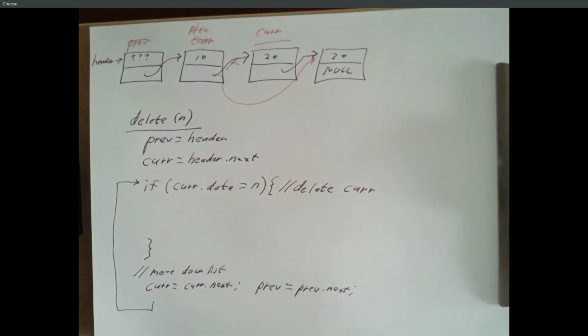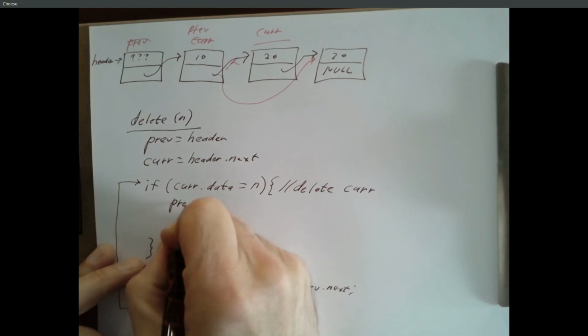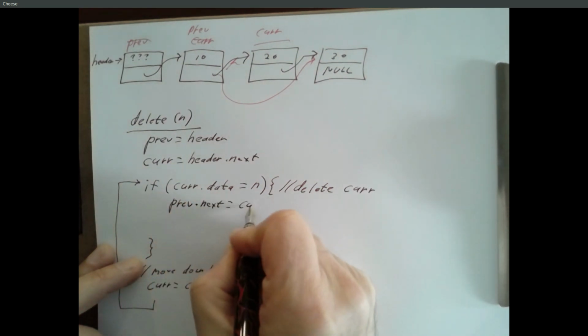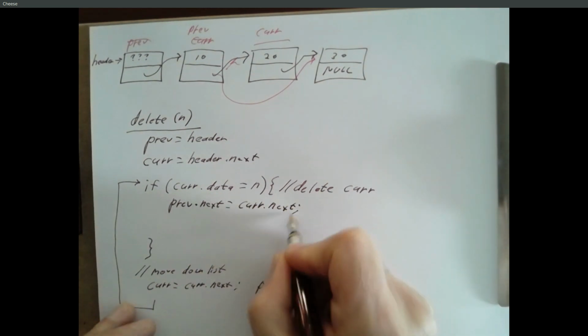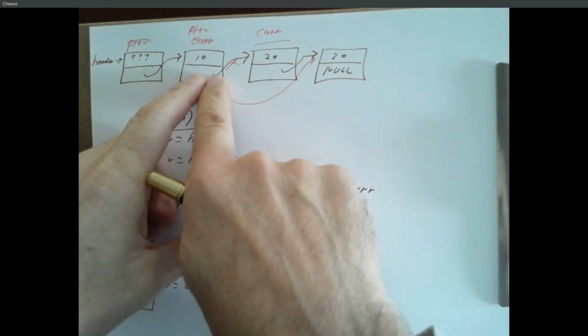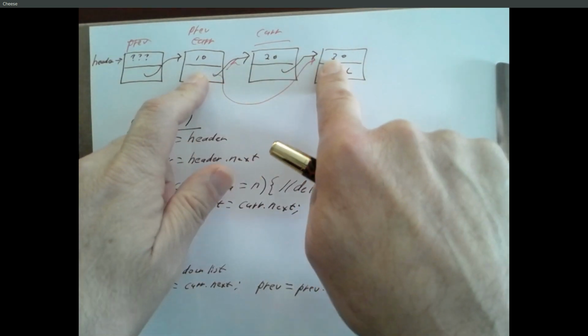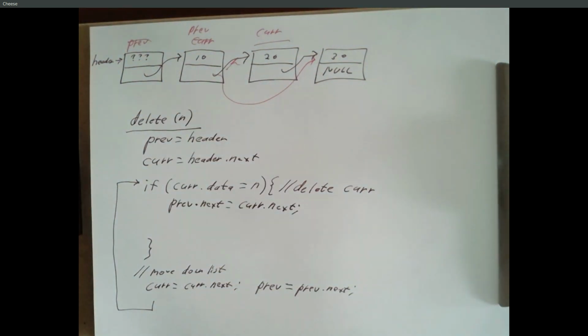When we want to delete current, what do we do? Take the previous node, and instead of pointing to the current node, point to whatever the current node is pointing to. So take the previous node, and instead of pointing to 20, point to what 20 pointed to, which is 30. So now our list skips over the current node, and we've basically removed it from the list.